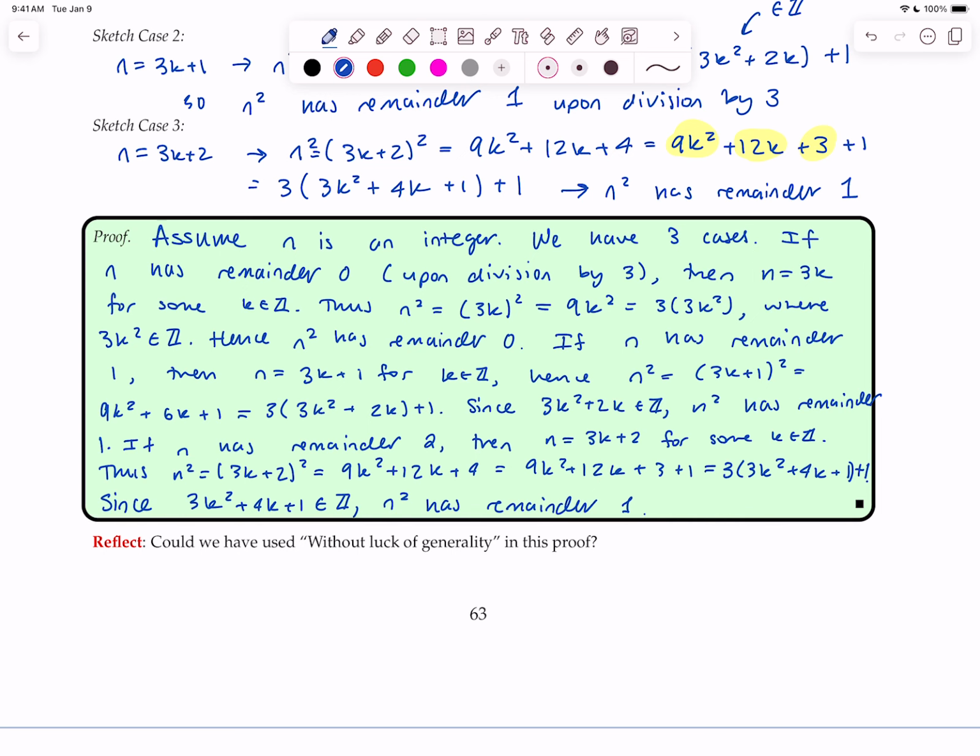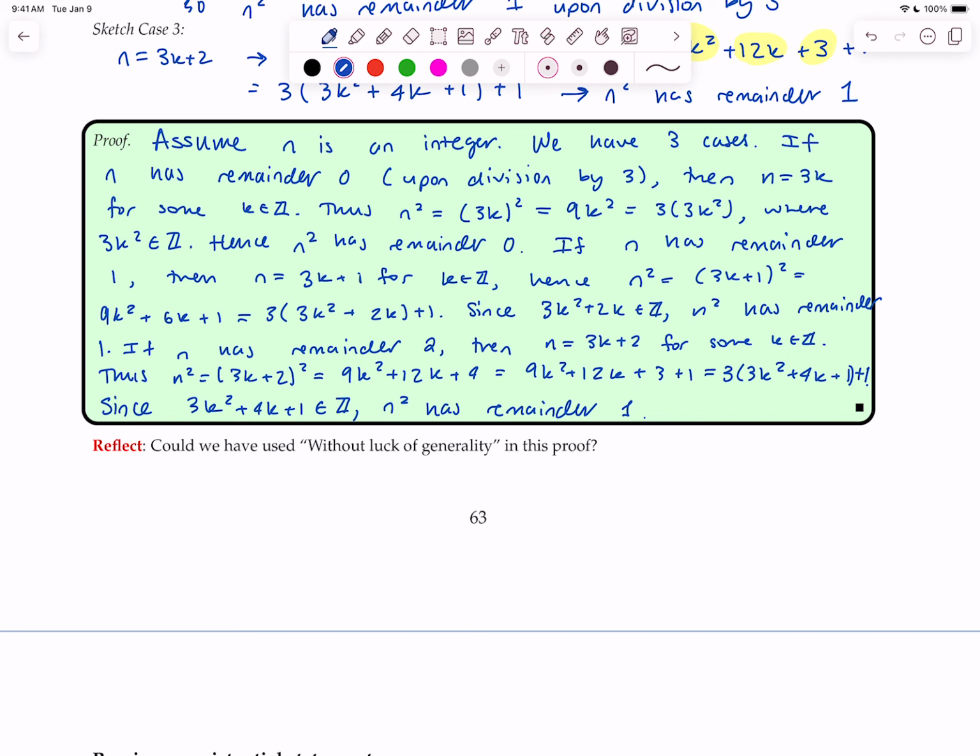Now, just to tie it all back together, just for clarity to the reader, we could say in each case, n squared has remainder 0 as in the first case, or 1 as in the other two cases. So the result holds.